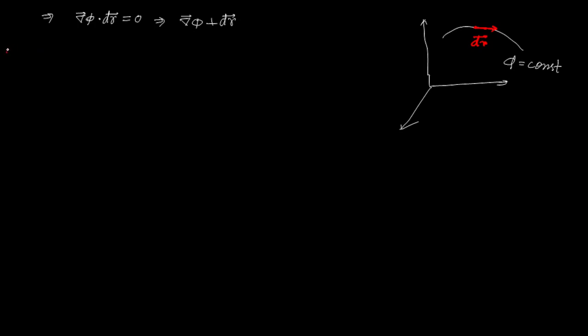So right here, since the dr vector is tangent to the level surface, but grad phi is perpendicular to this level surface, to the dr. So grad phi, let's say along this direction, then we can say grad phi is perpendicular to the level surface.